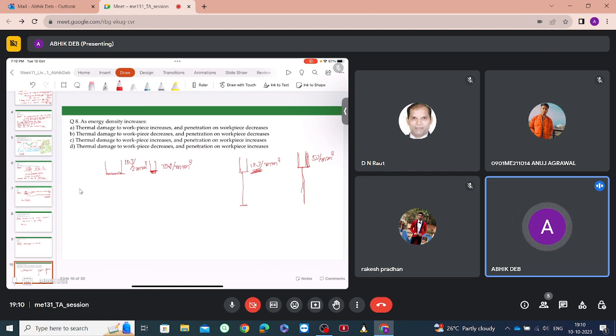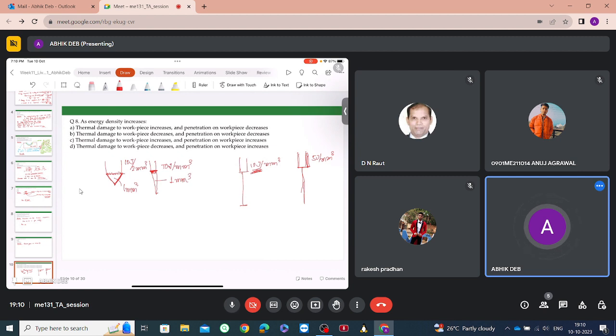Then in this case, how will the 1 millimeter be like this, or in this? Won't it be like this? If this area is 1 millimeter cube, then since the width in this case is less, the depth for 1 millimeter cube has to be more, so that this energy can melt up to that 1 millimeter cube.